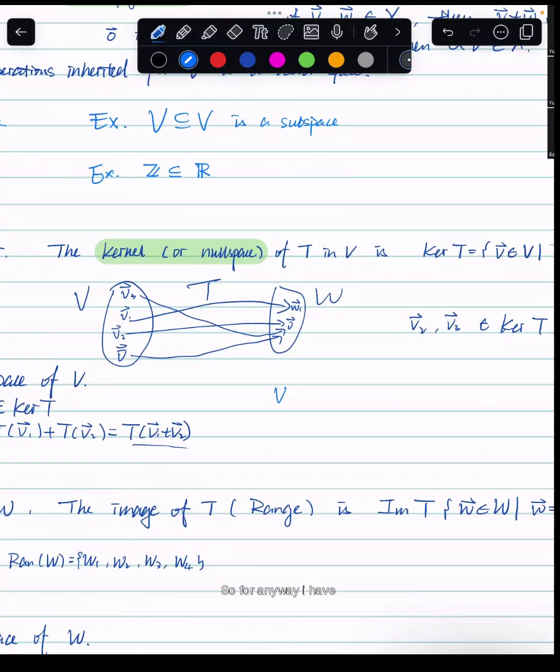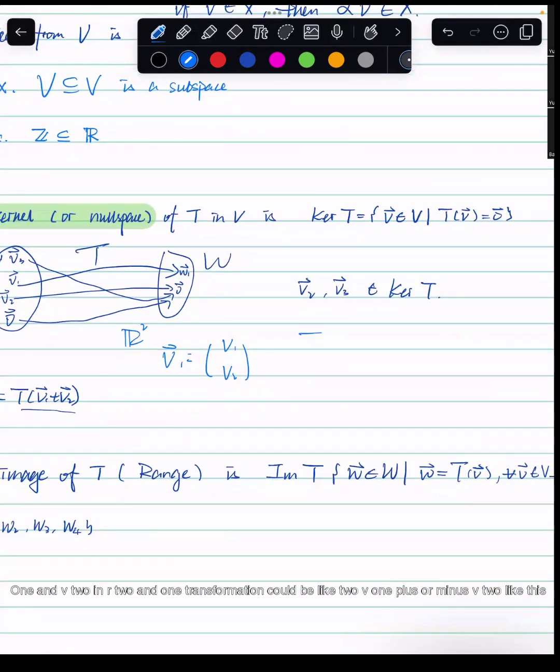So for any V, say I have V1 and V2 in R2. And one transformation could be like 2V1 minus V2, like this.